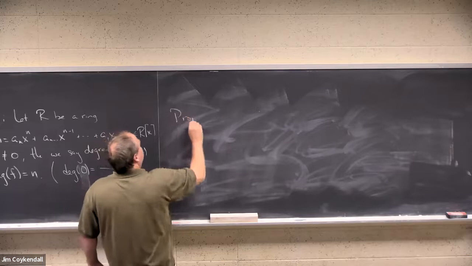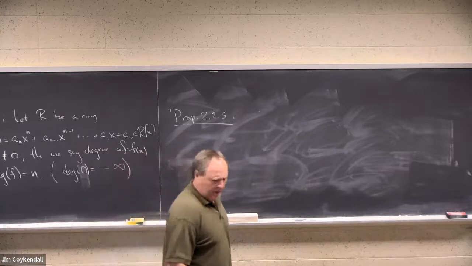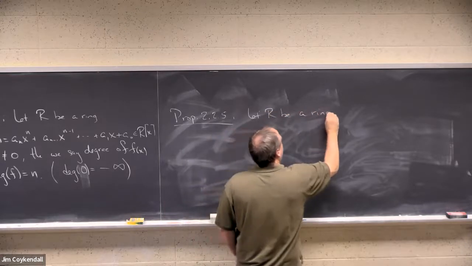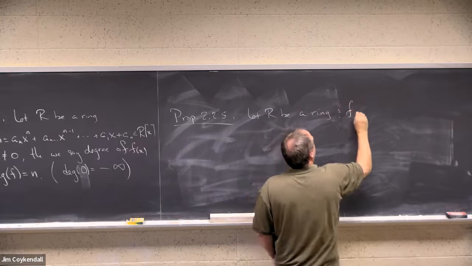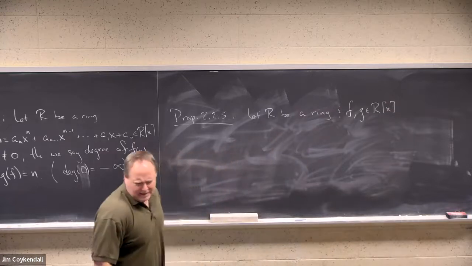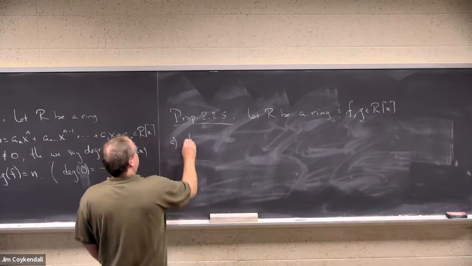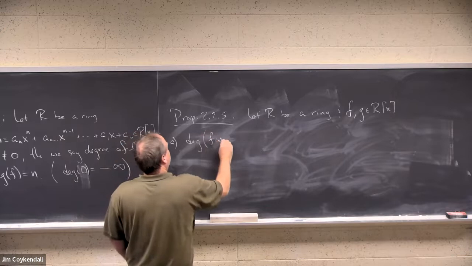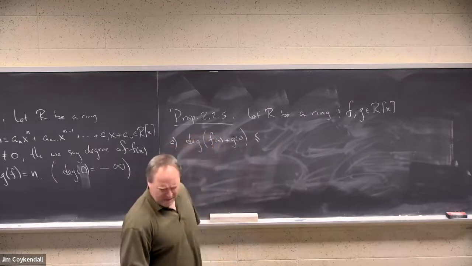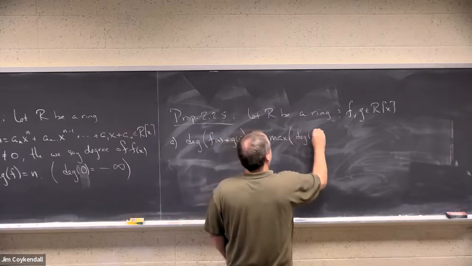So, proposition 2.25. Let R be a ring, and f, g are polynomials with coefficients in R. We say that for A, degree of f(x) + g(x) is less than or equal to the max of degree f, degree g.